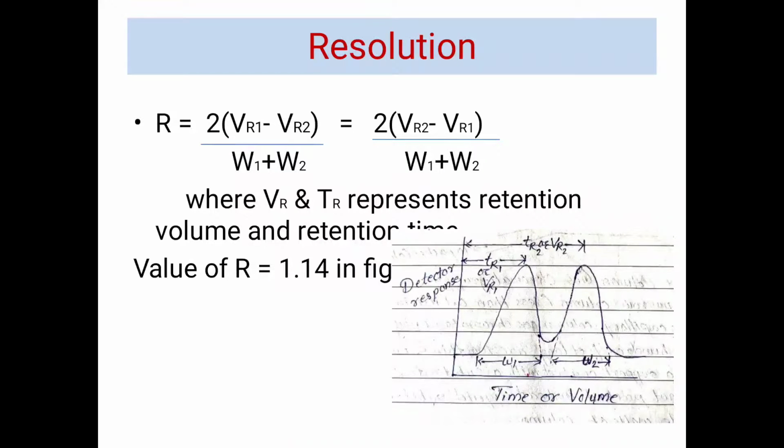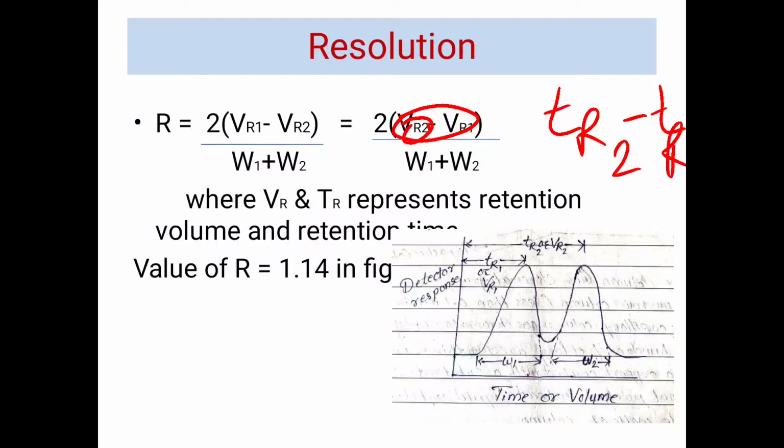Here, instead of VR2 and VR1, we write TR2 minus TR1 divided by W1 plus W2, where VR and TR represent the retention volume and the retention time respectively.